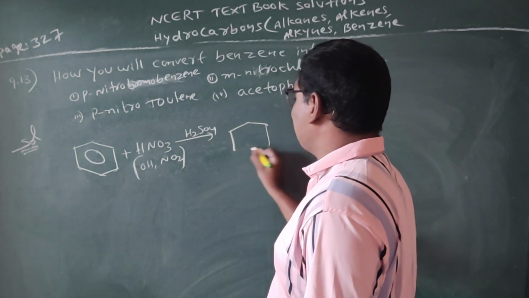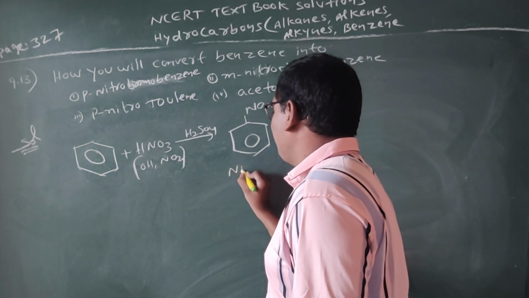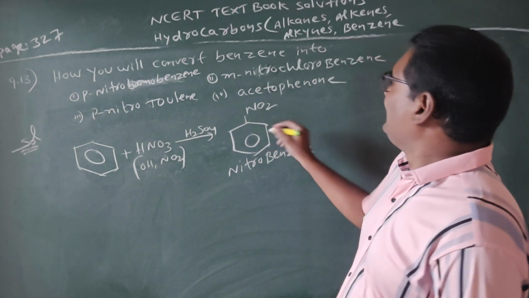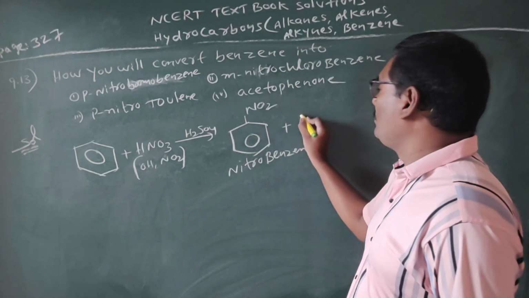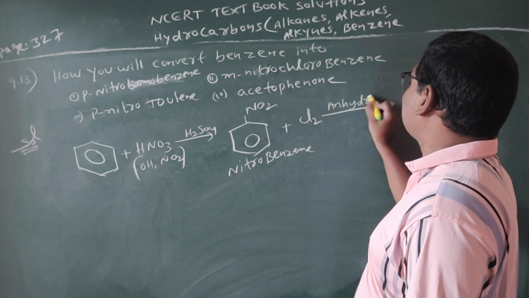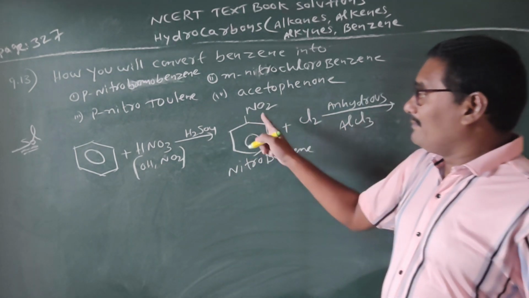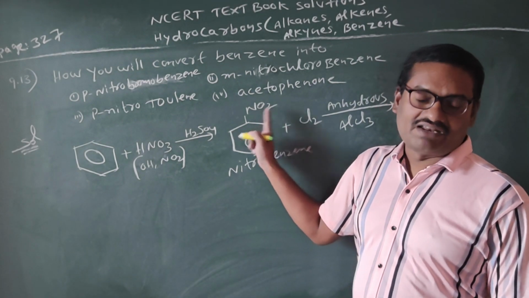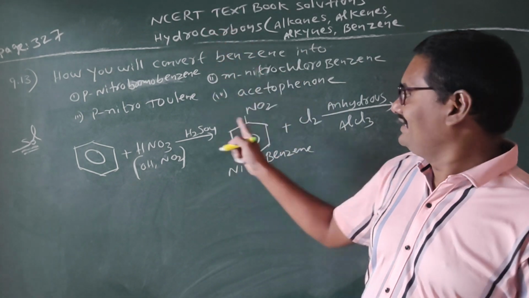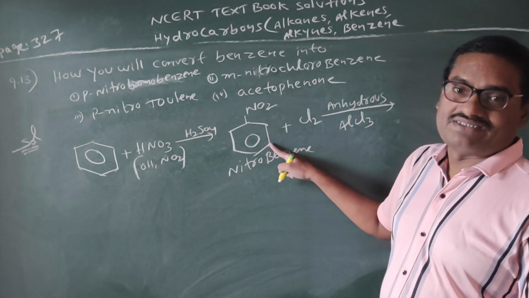The product is nitrobenzene. When nitrobenzene undergoes chlorination with Cl2 in the presence of anhydrous AlCl3, the halogen is ortho-para directing, but NO2 is meta-directing, so the chlorine enters the meta position.